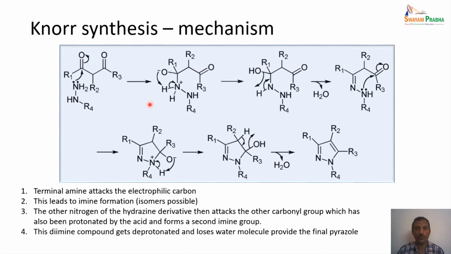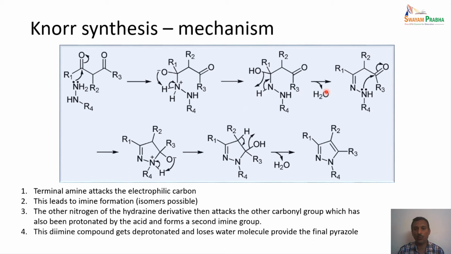The simplest way to see it: we have two nitrogens and two carbonyls. One nitrogen attacks one carbonyl and the second nitrogen attacks the other carbonyl, and we get the cyclized product. This is how very simply we can understand the whole process.